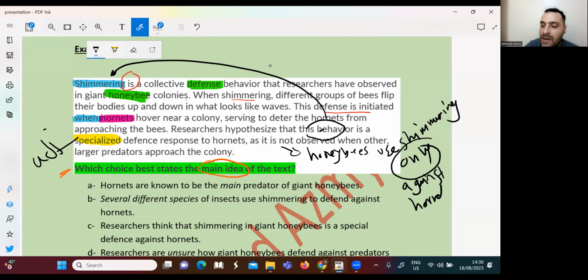Against hornets. So if there are other predators, will the honeybees use shimmering? No. How did I know all of this? Because the text says: specialized. Specialized means this defense is only used when honeybees face hornets, no other predators.